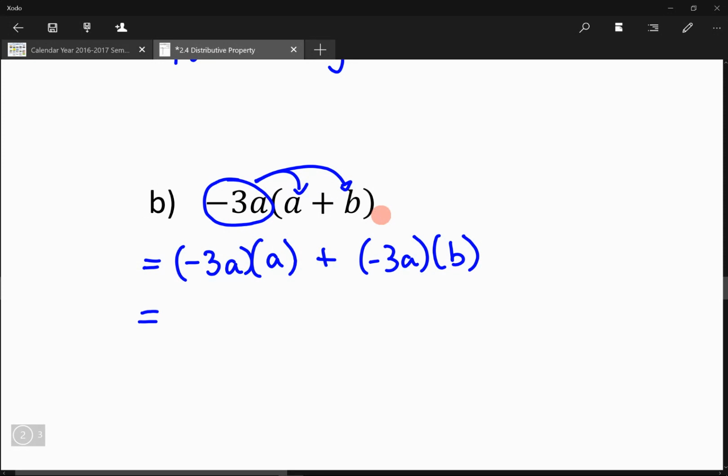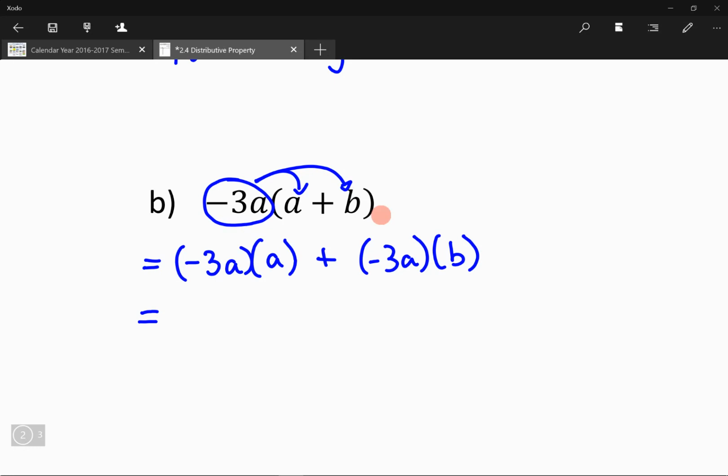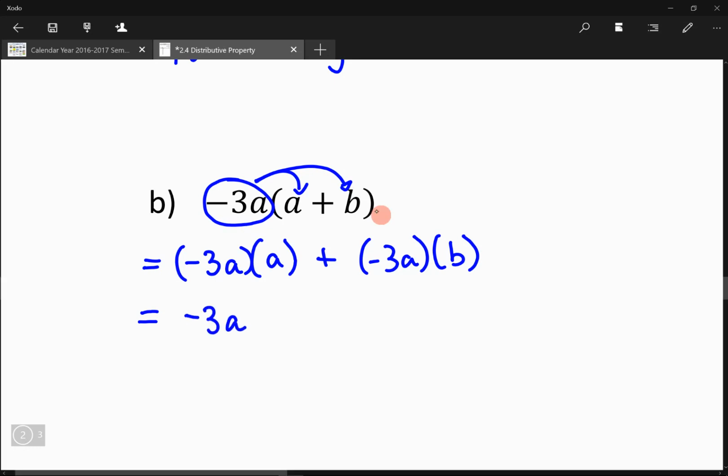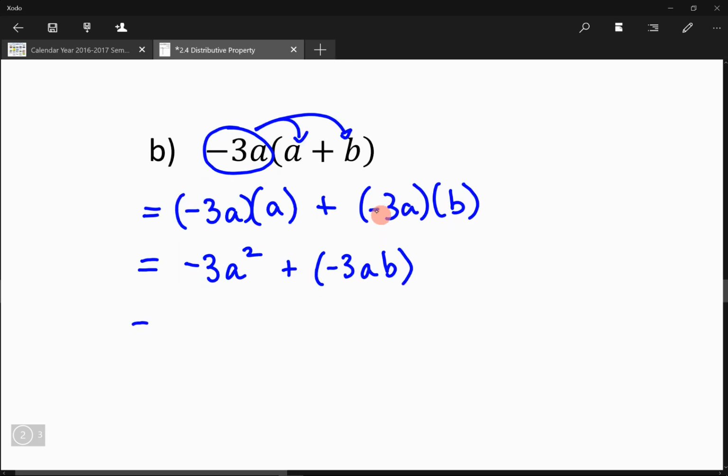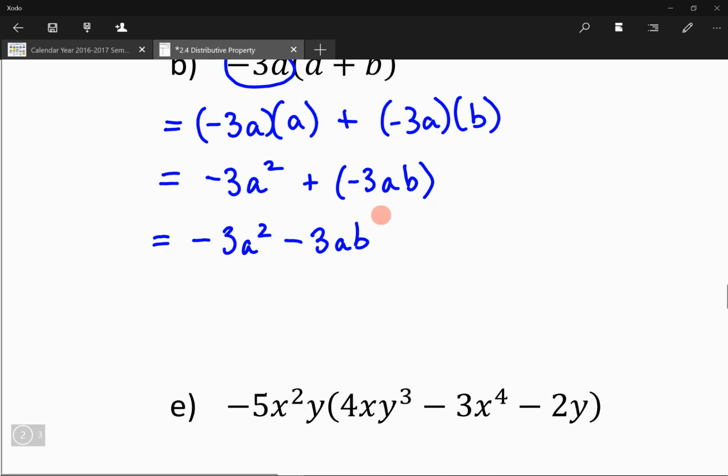Okay, then you're going to change the signs in case you need to change them after you finish multiplying your brackets. So negative 3a times a is negative 3a squared. And then negative 3ab is just, so plus negative 3ab, but I don't want that plus negative, I will just say minus. So plus minus becomes minus 3ab. Remember, opposite signs make always a minus. Same signs being multiplied is always a plus.